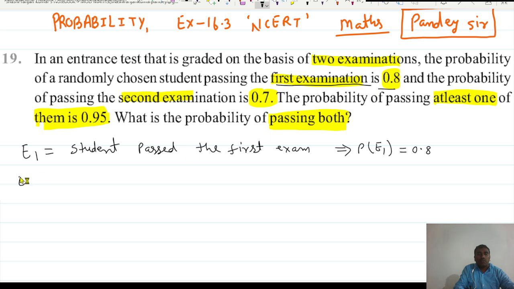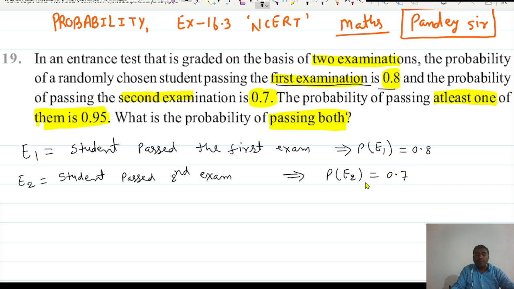Let E2 be the second event, that a student has passed the second exam. This probability is given to us as P(E2) = 0.7.